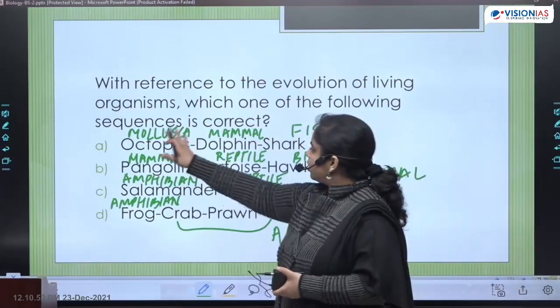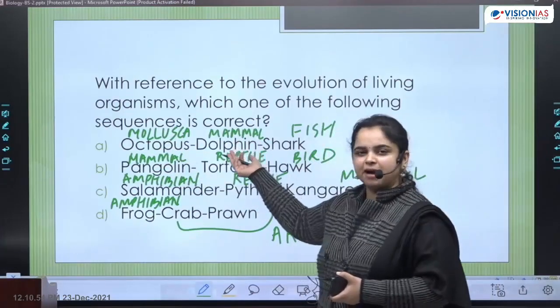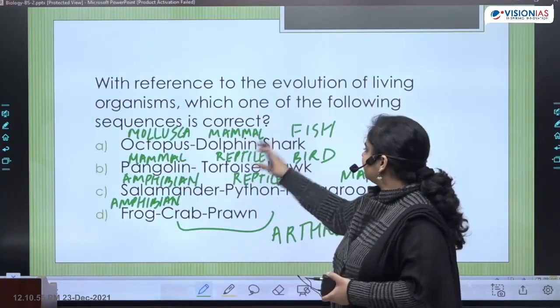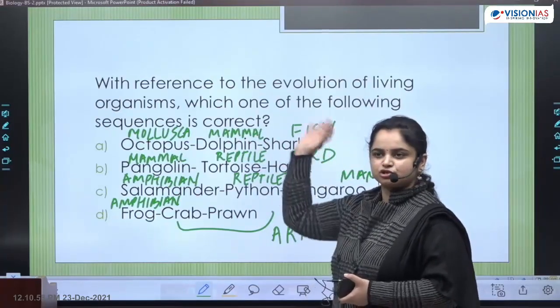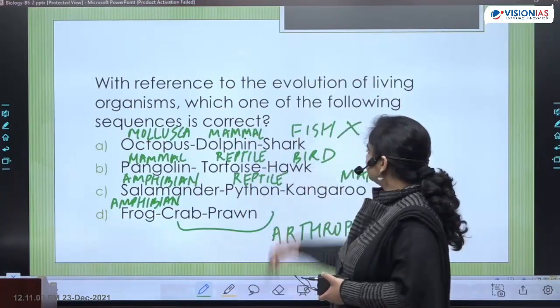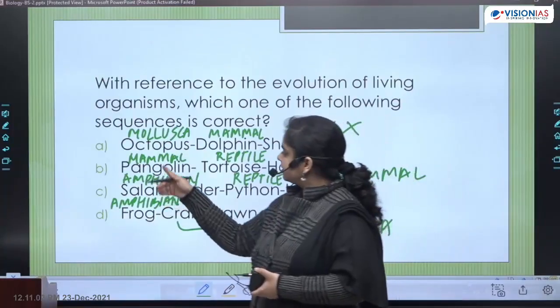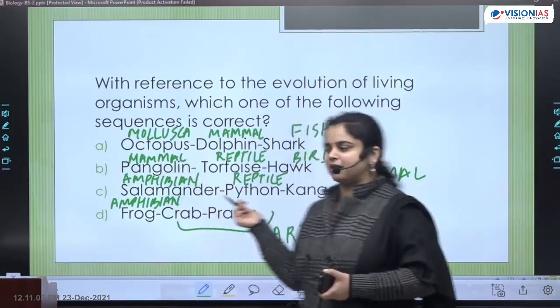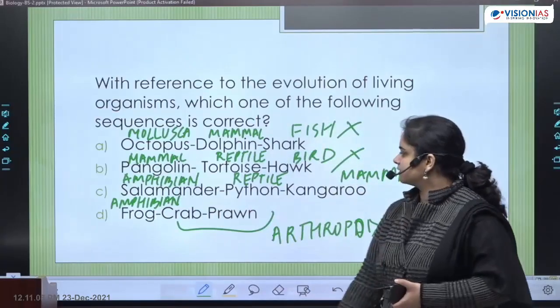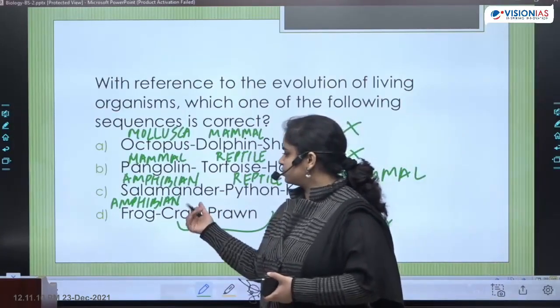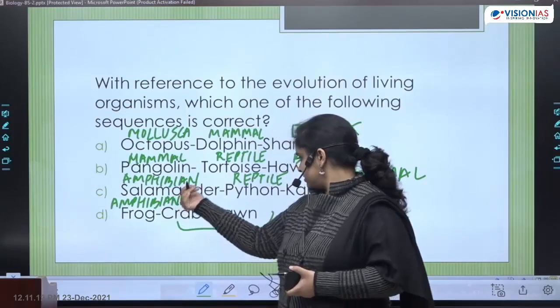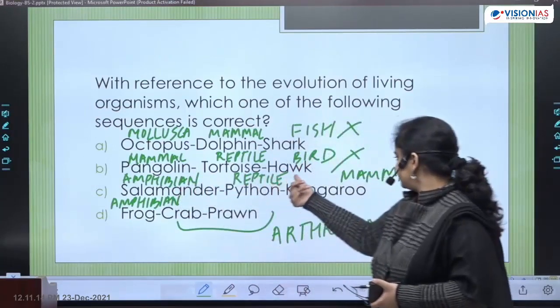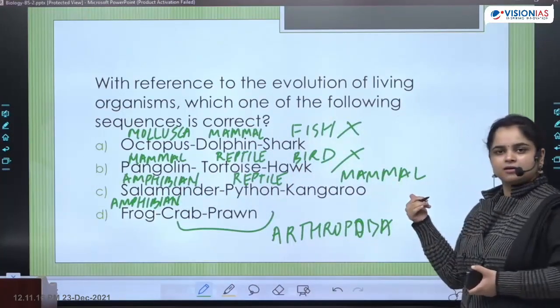After we've written the categories, we have to see if the sequence of evolution is correct. Mollusk, after mollusk a mammal. This is fine. But after mammal we cannot have a fish. Fish should have come earlier. So incorrect. Second, mammal, reptile. Reptile cannot come after mammal. So wrong here. Third option which you are saying is correct: amphibian, after amphibian reptile, and after reptile mammal.